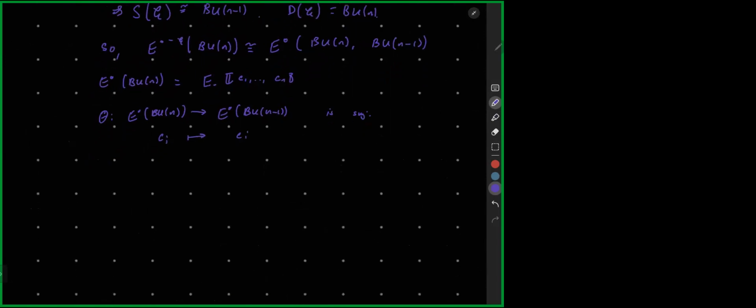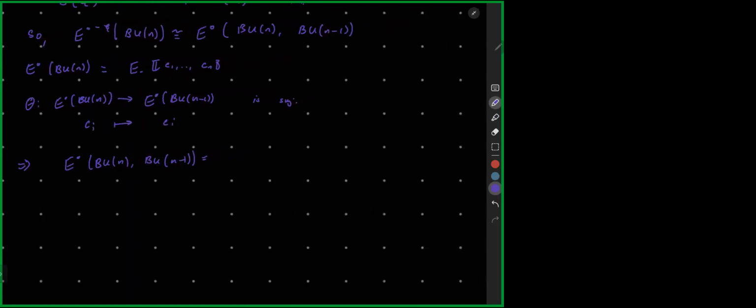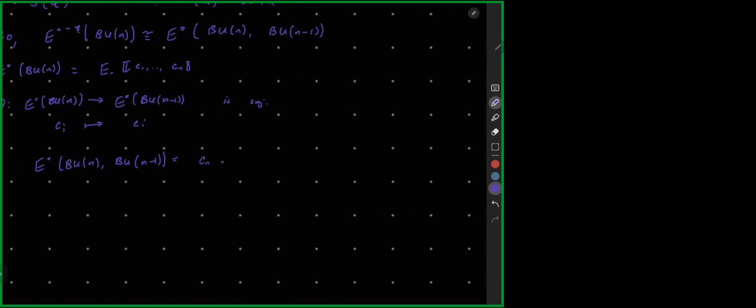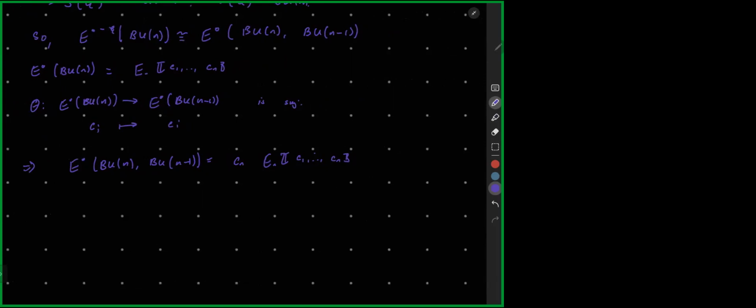And what that tells us is that by the standard long exact sequence, this group over here is just the ideal generated by c_n in E^*(BU(n)).